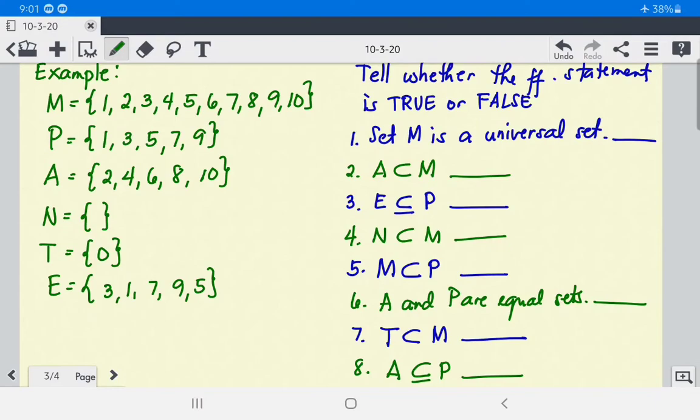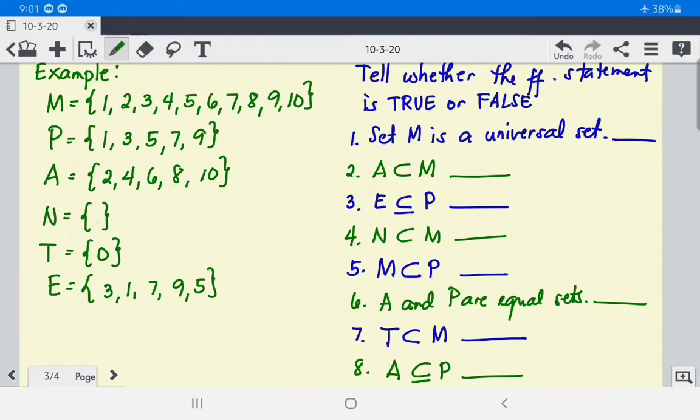Let's say we have set M, wherein it contains elements 1, 2, 3, 4, 5, 6, 7, 8, 9, and 10. We have set P, containing elements 1, 3, 5, 7, and 9. We have set A, wherein the elements are 2, 4, 6, 8, and then 10.